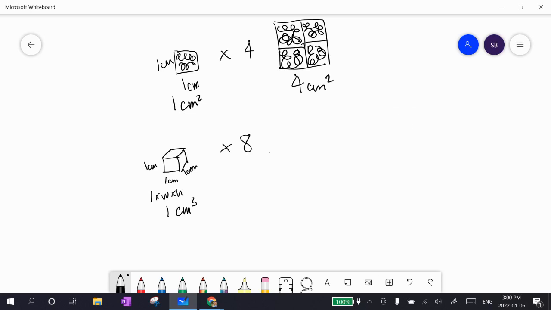If I multiply this by 8, then I need to have 8 of these boxes. 1, 2, 3, 4, 5, 6, 7, and in the very back, I have another one. 8. That's going to be 8 centimeters cubed.